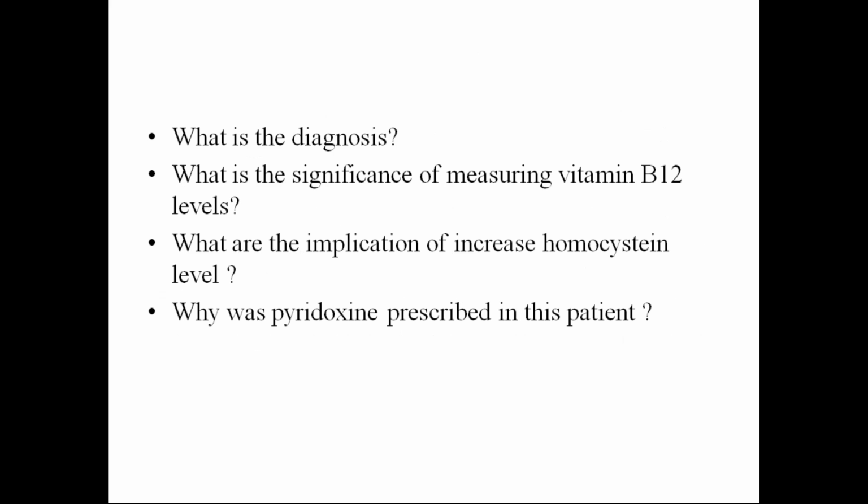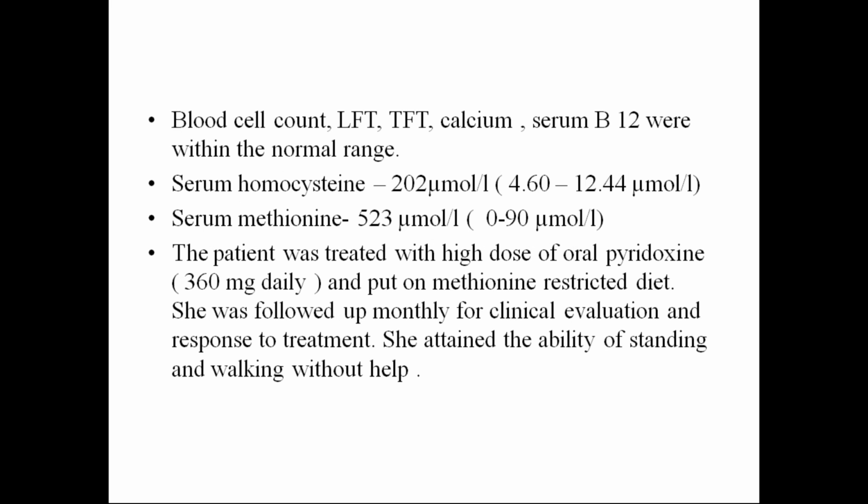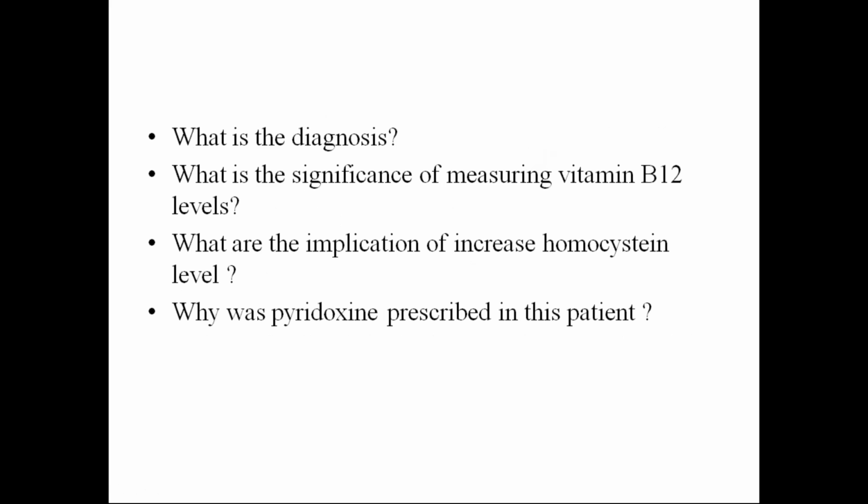So the question here: what is the diagnosis and what is the significance of measuring vitamin B12 level? Vitamin B12 level was also measured there, serum B12, but it came within the normal range. And what are the implications of the increase in the homocysteine level?